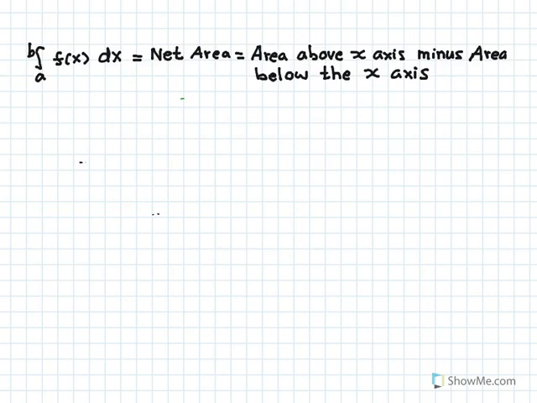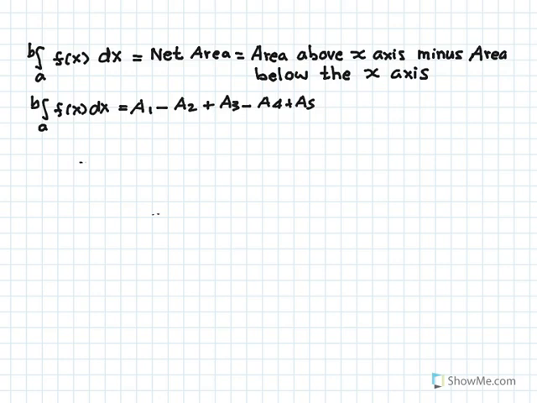We have the integral from a to b of f of x dx, that's the net area, equal to A1 minus A2 plus A3 minus A4 plus A5. So all the areas that were below the x-axis were subtracted. All the areas that were above the x-axis were added up.